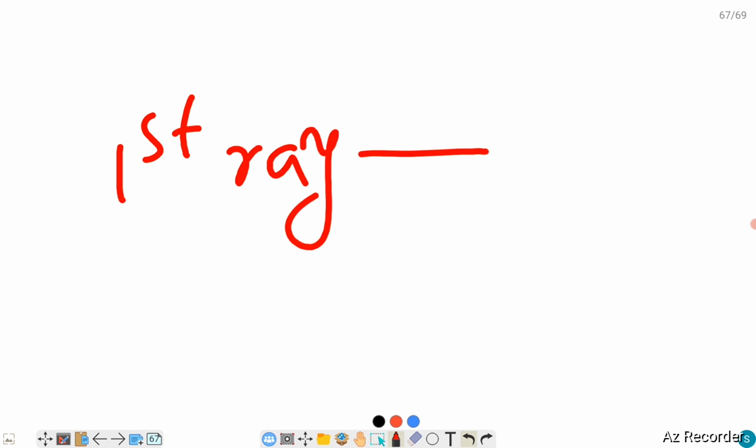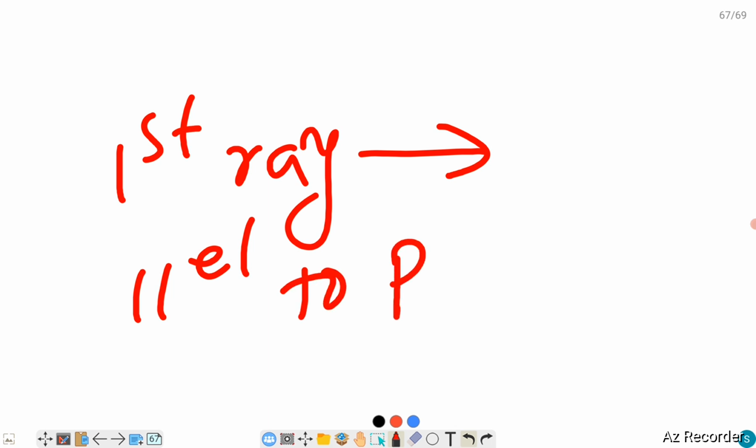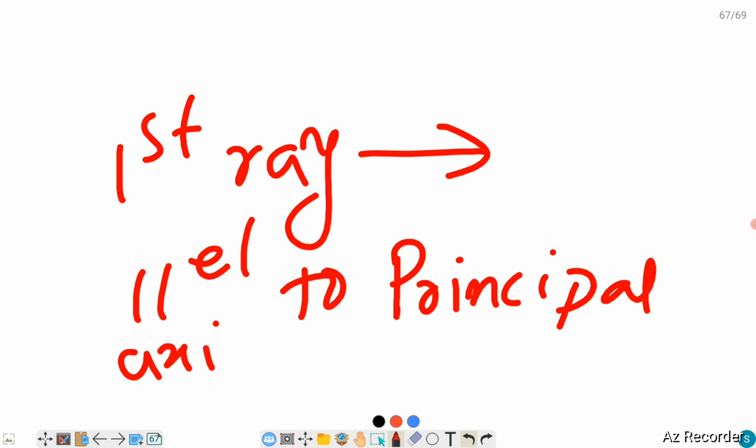Like a thumb rule, you can remember this. The first ray is always parallel to the principal axis. That means it reflects, and the reflected ray will pass through the focus. Correct? The reflected ray will be what? Passing through the focus.